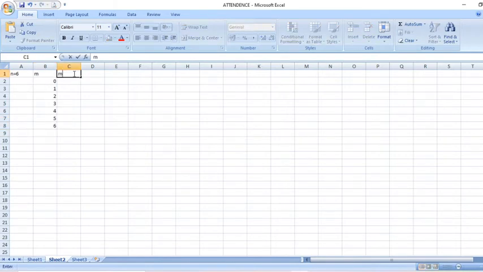So what are the possible values of m/n? It will be 0/6, that will be 0, 1/6, 2/6, and so on, up to 1, that is n/n.